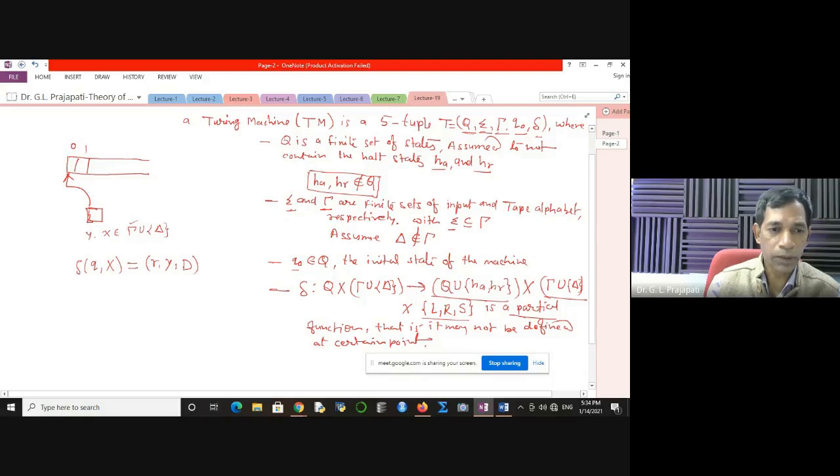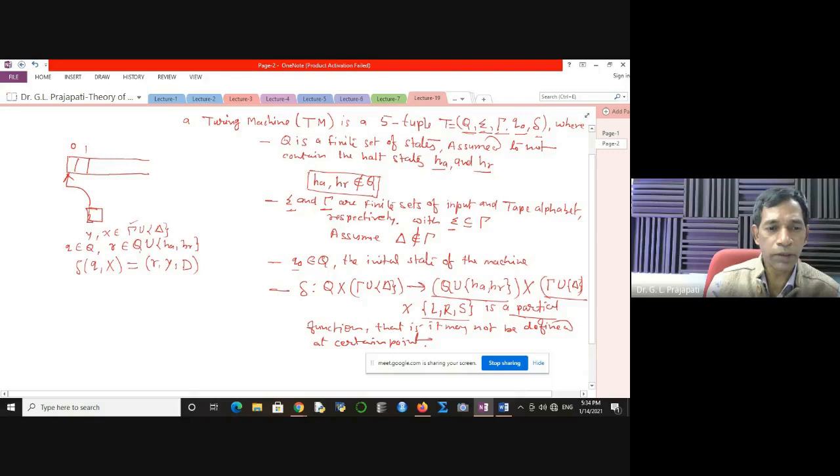Similarly, Y is also any symbol from the tape or blank. Q belongs to Q. R can be anything: it belongs to Q, or R can be HA, or R can be HR.